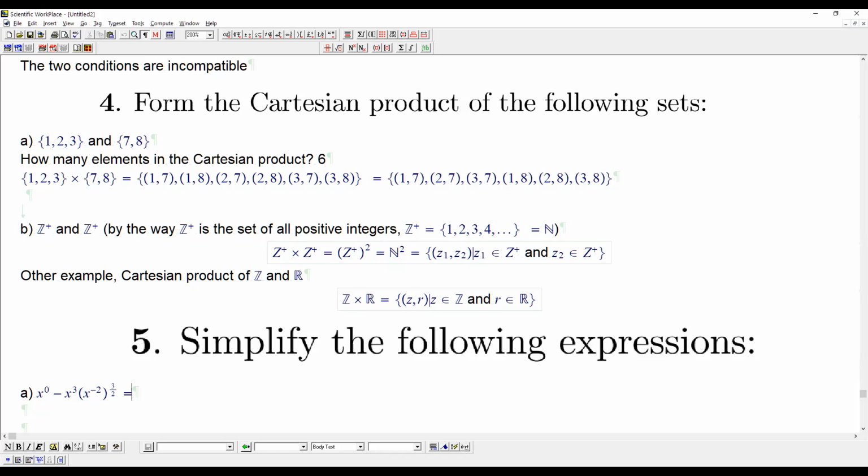If you don't remember the exponent rules or multiplication rules, please ask me. I'm here for you.